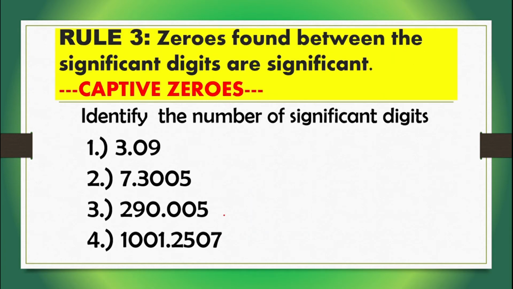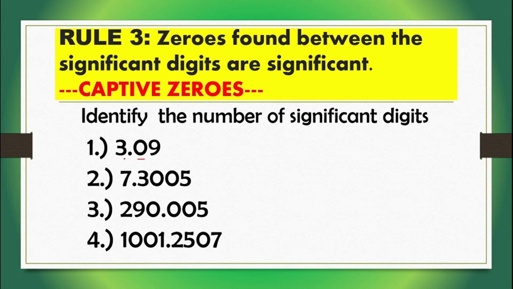For rule number 3, zeros found between the significant digits are significant. These are also known as captive zeros. For example, in number 1, 3.09. As you observe, 0 is between 3 and 9. And since it is between significant digits, then this 0 is also significant.